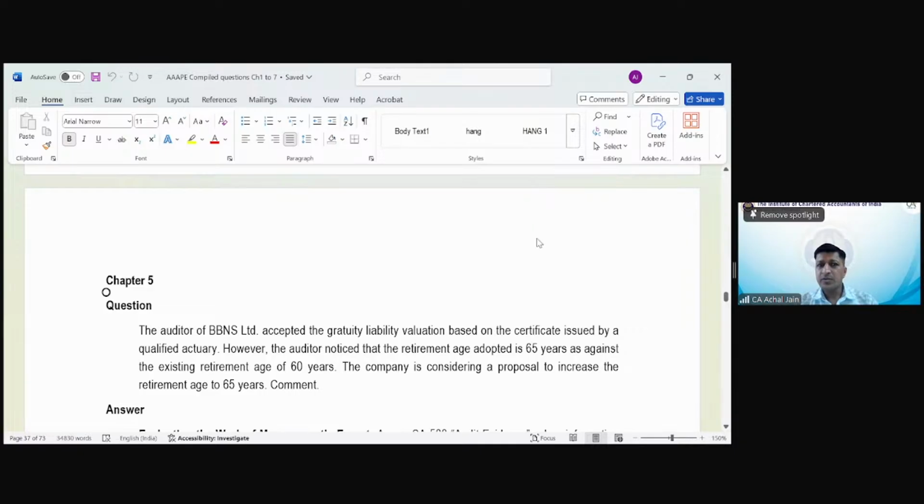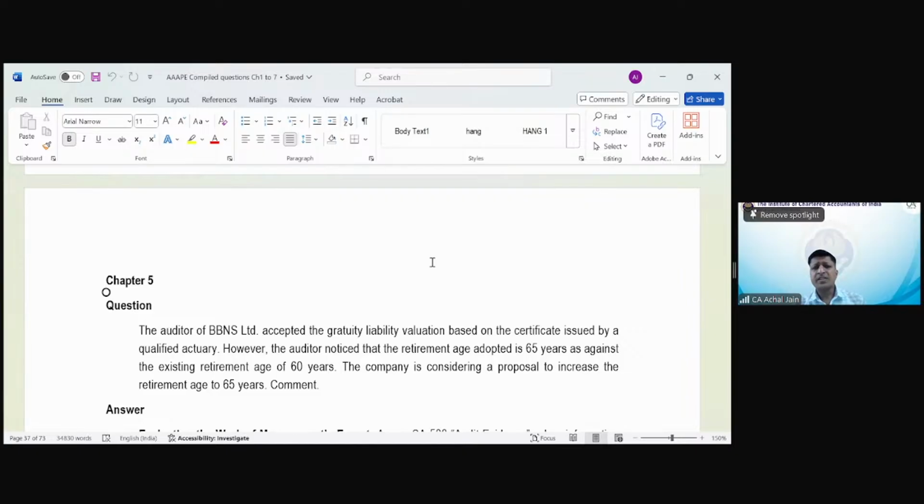So if you look at this question, auditors of BBNS Limited accepted the gratuity liability valuation based on the certificate issued by the qualified actuary. However, the auditor noticed that the retirement age adopted by the company is 65 years.